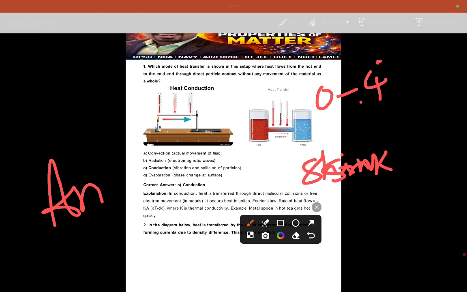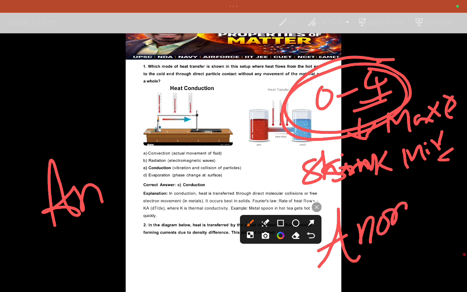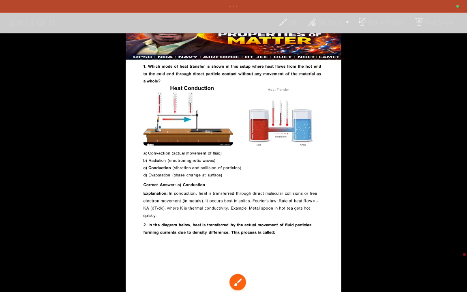At 4 degrees Celsius water has maximum density and its size is reduced, so it has minimum volume. This typical behavior is called anomalous behavior. Only water exhibits anomalous behavior.